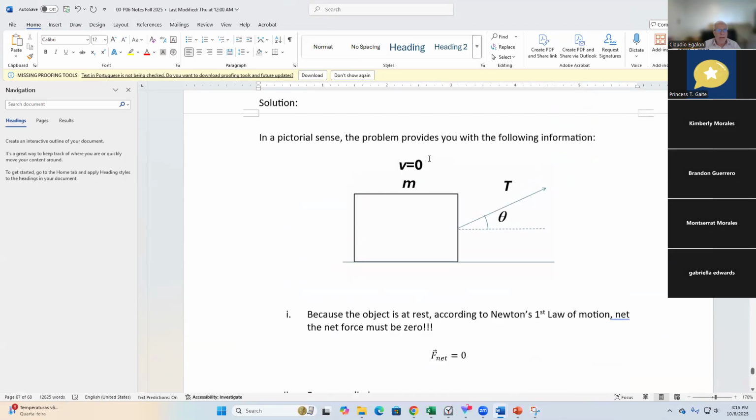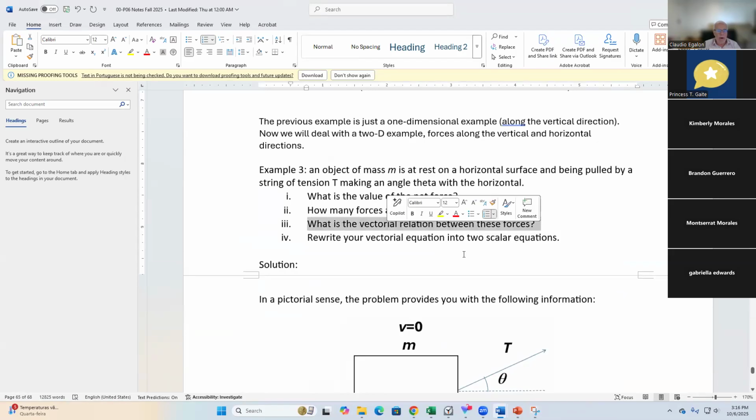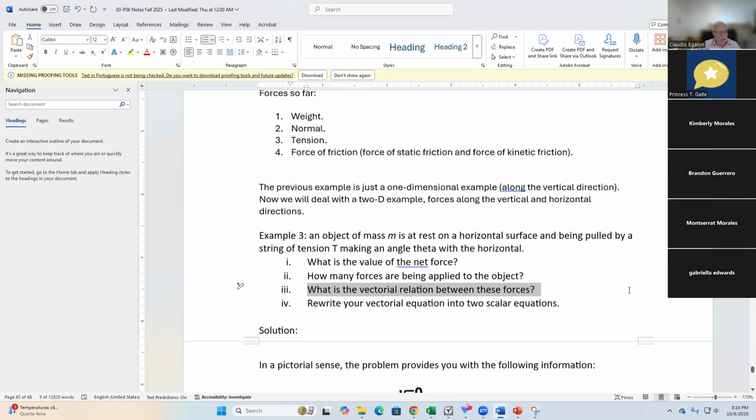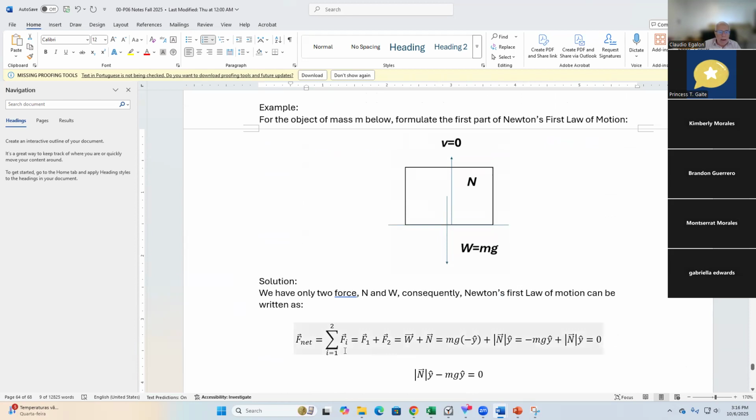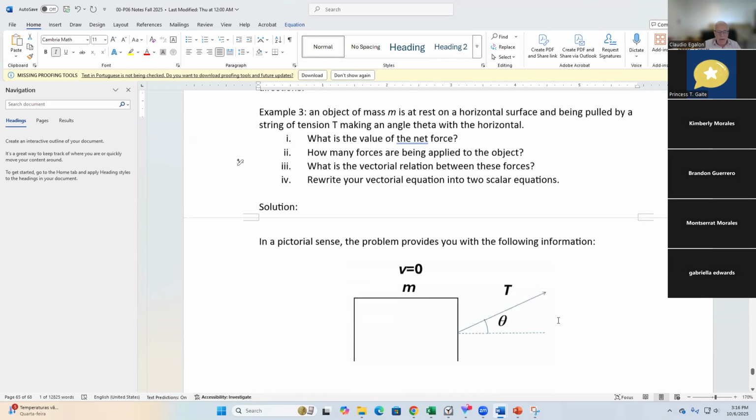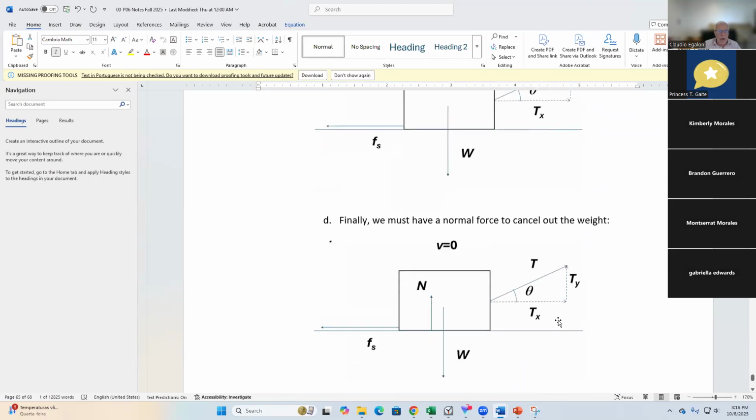Next, 3. What's the vectorial relation between these forces? You saw that before. Take a look at this equation here.